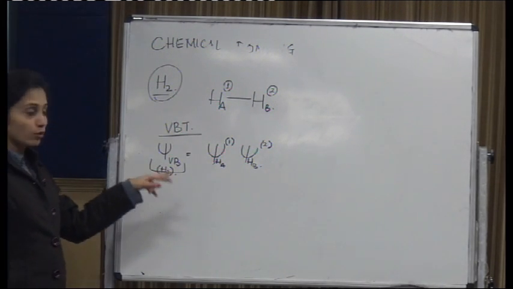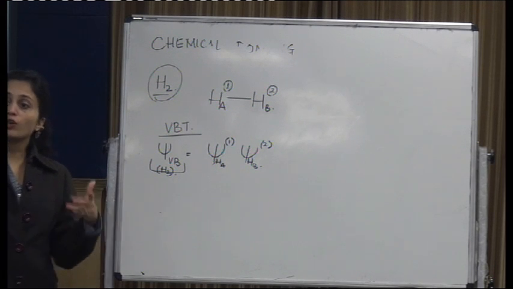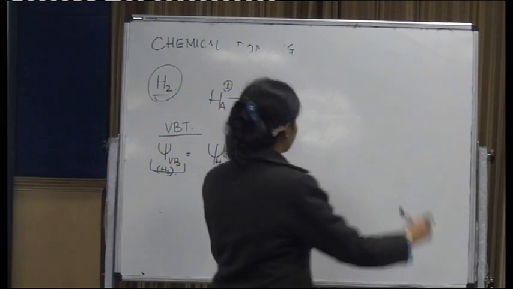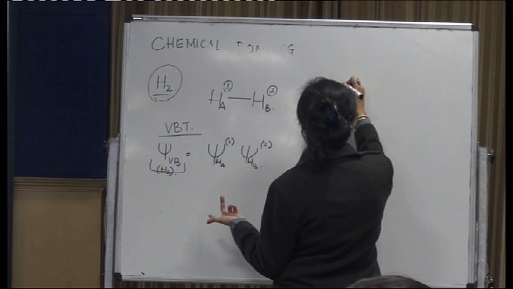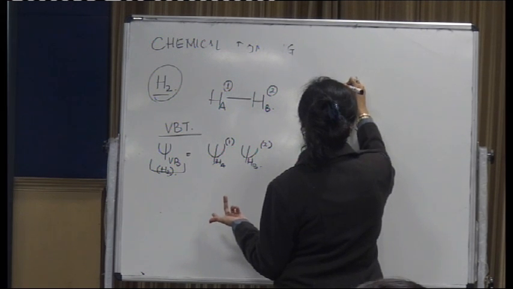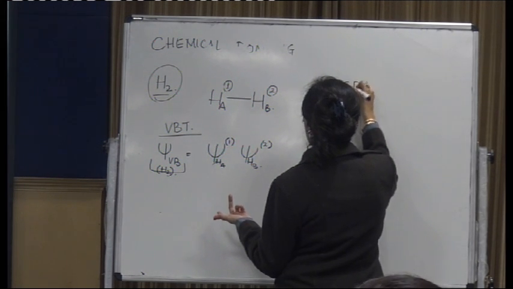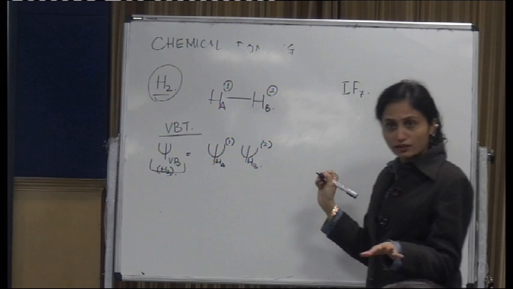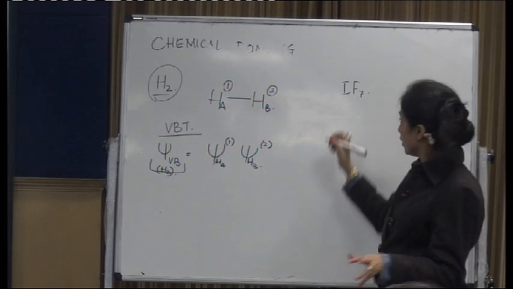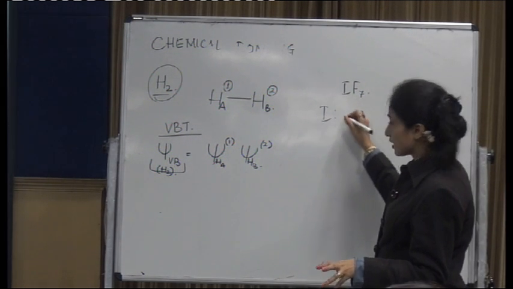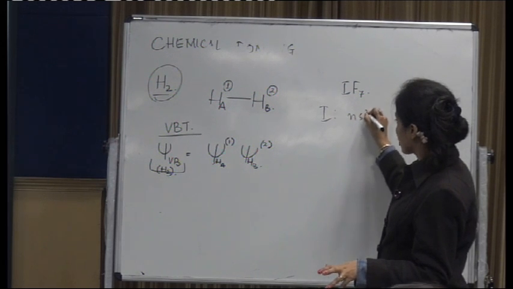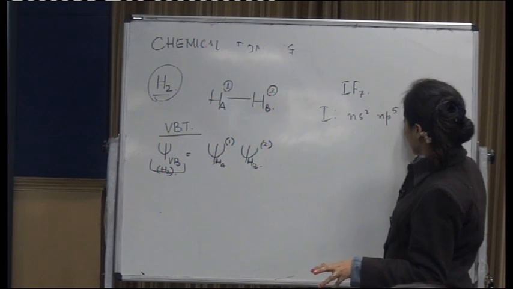Because when you are doing valence bond treatment, what is your approach? For example, if you are solving for any molecule, let's take up the simple example that you've already done. In this, first of all, you write down the ground state configuration, which is ns2, np5 and nd0.